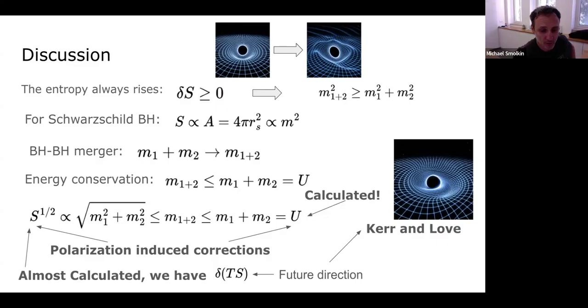What we do here is evaluate the stationary Love numbers by calculating the action on shell, because this is what integrating out means. When we say that we have an effective field theory, it means that we integrated out some short degrees of freedom.